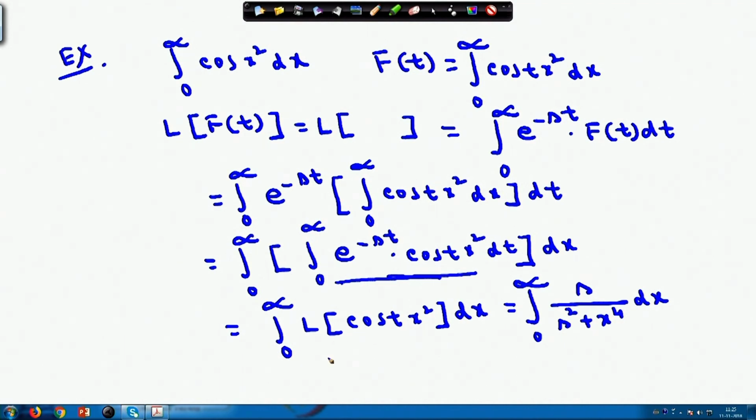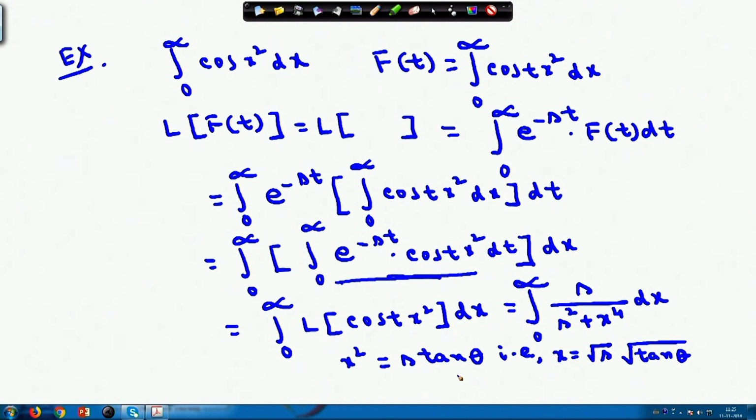Let us substitute x square equals say s tan theta, that is, x equals root s into tan theta. So you can find out your dx from here.